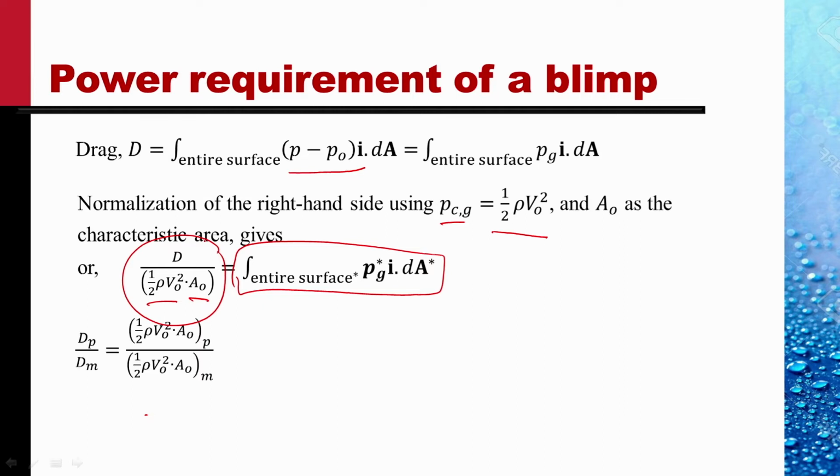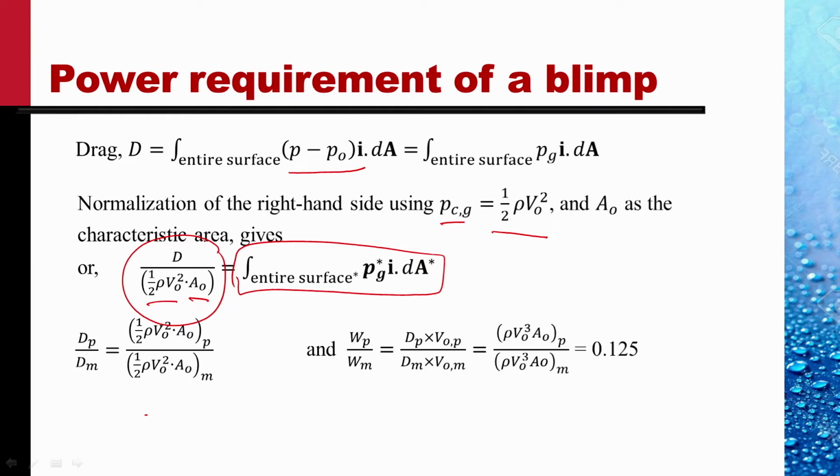So drag of prototype over drag of model should be equal to 1/2 rho V naught square times A for the prototype divided by the same for the model. And the work done would be drag times the velocity.